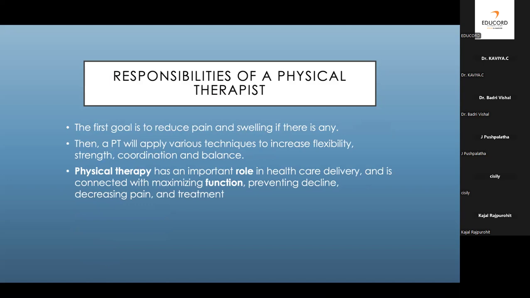If he or she has pain or swelling in a particular region, the first and foremost treatment protocol will always be to manage the patient's pain and reduce the swelling if there is any. I hope you all are practicing the same in your daily practice. Yes, sir.